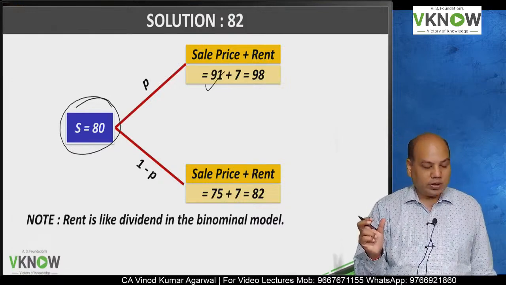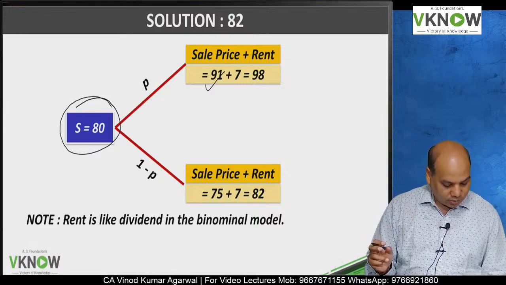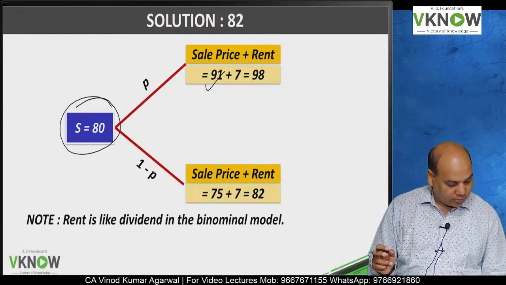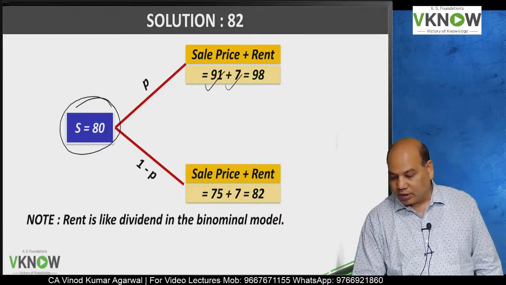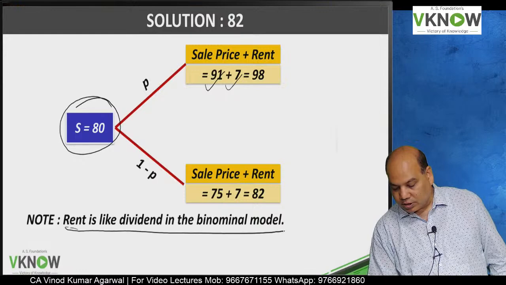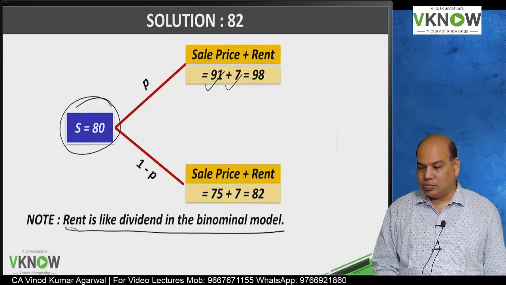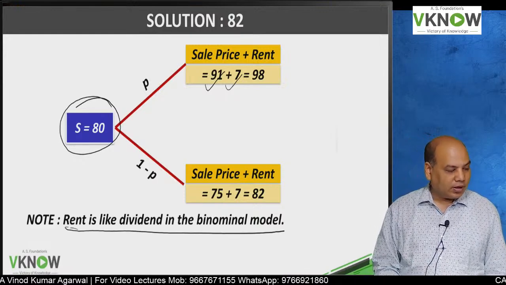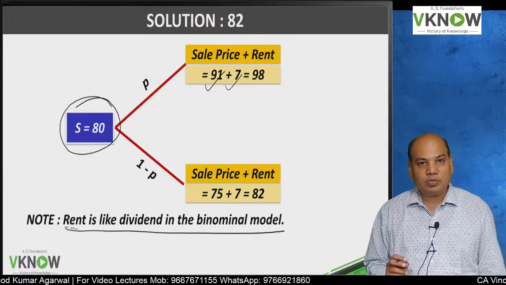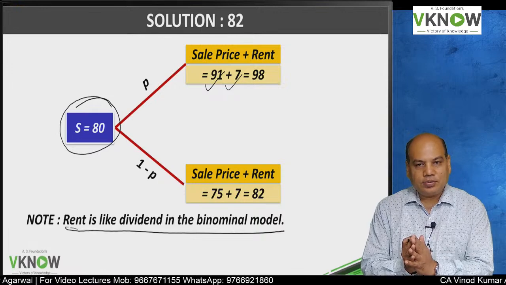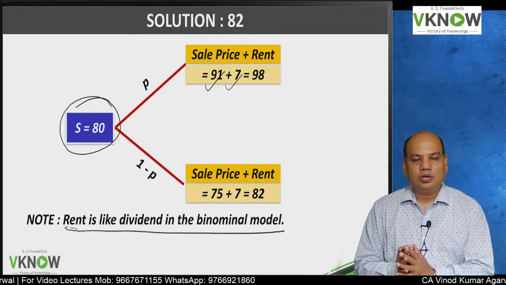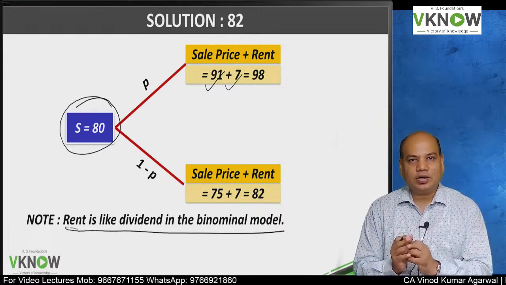and the rent for 1 year is given in the question. Somewhere in the problem they had given yearly rent per apartment is 7 lakh. That is like dividend in the binomial model. So you are going to get 91 plus 7 lakh rupees rental also.